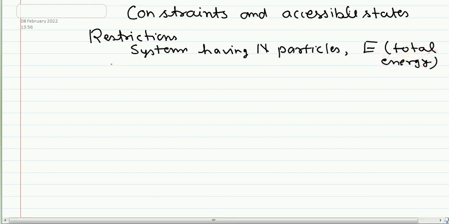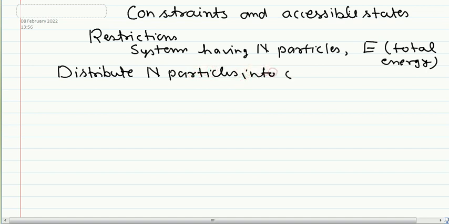And we want to distribute N particles into cells with numbers n1, n2, n3 and so on.